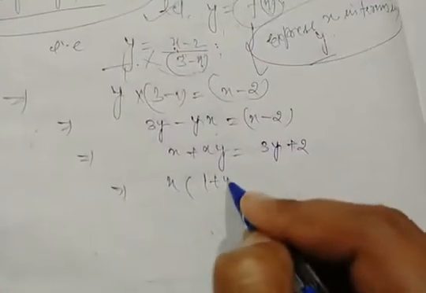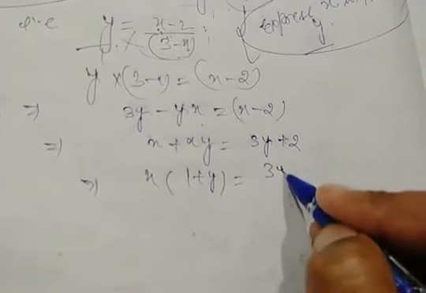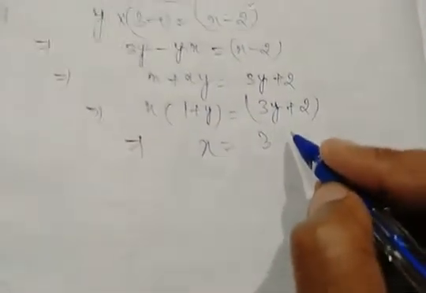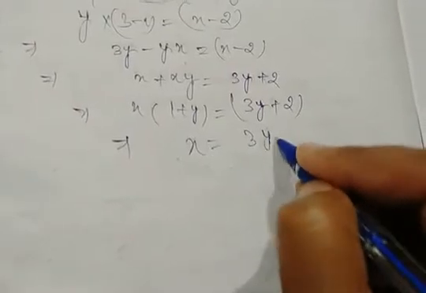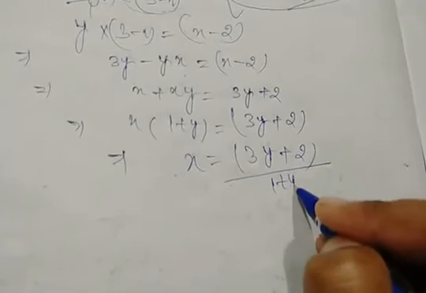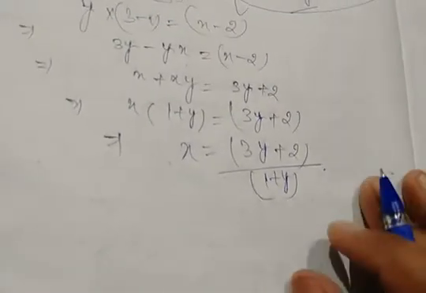Here x is common, so we get x into (1 plus y) is equal to 3y plus 2. So the value of x is equal to (3y plus 2) upon (1 plus y).